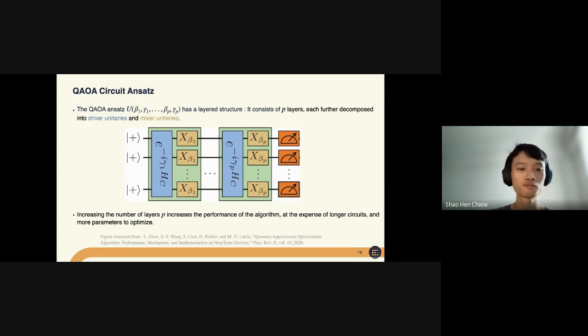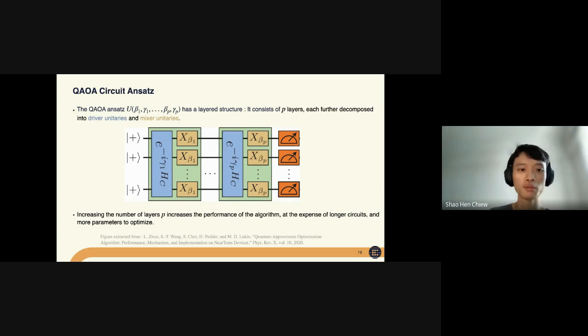And in fact, there's actually a physical motivation for why the QAOA circuit is defined this way. And this is related to the quantum adiabatic theorem. Just to mention it to you, what this circuit is doing is trying to approximate an adiabatic quantum evolution.